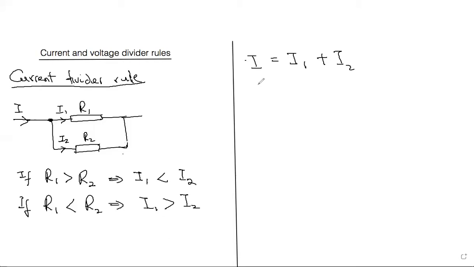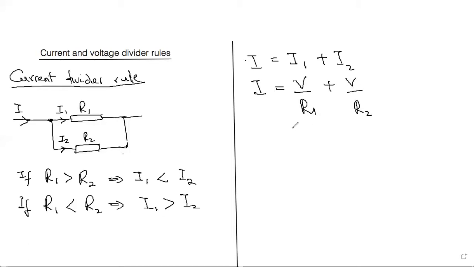In that case, I can write I as V over R1 plus V over R2. So if V is the total voltage, or the voltage across these two resistors, this will be V over R2.